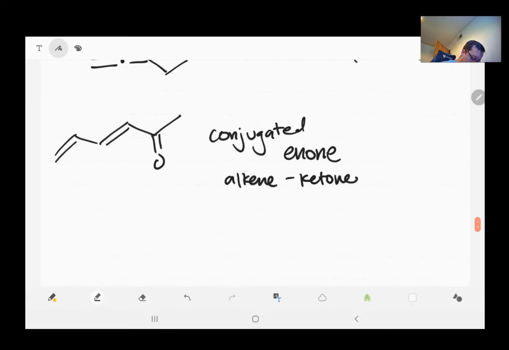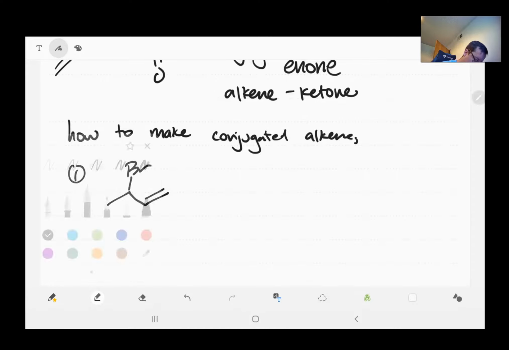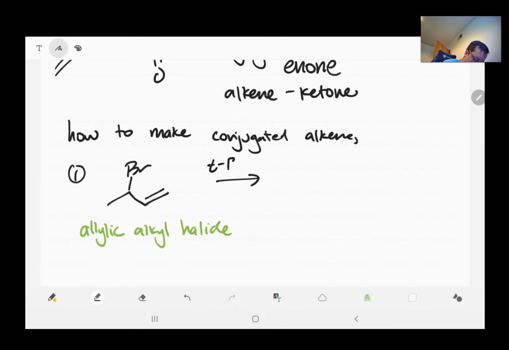So, how do we make conjugated alkenes? First thing we can do, we can take an allylic alkyl halide, throw in a nice bulky base, bulky base t-butoxide.